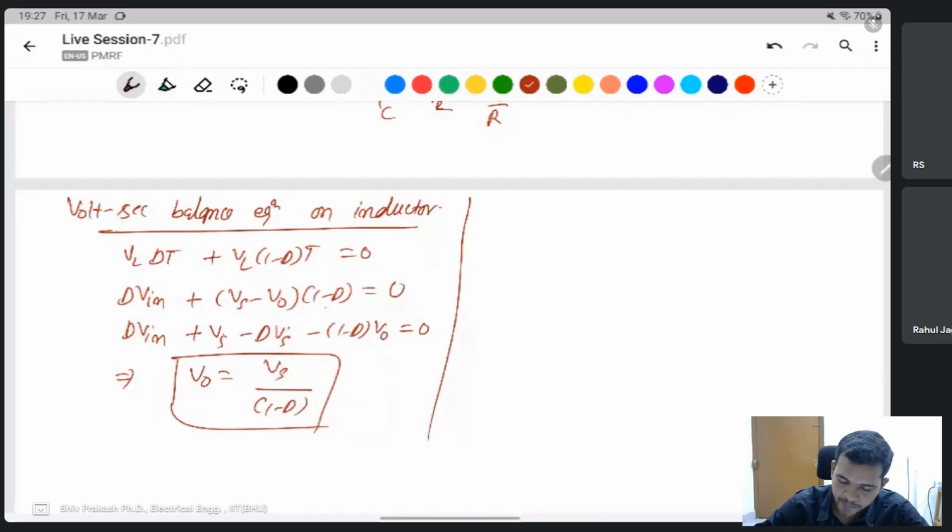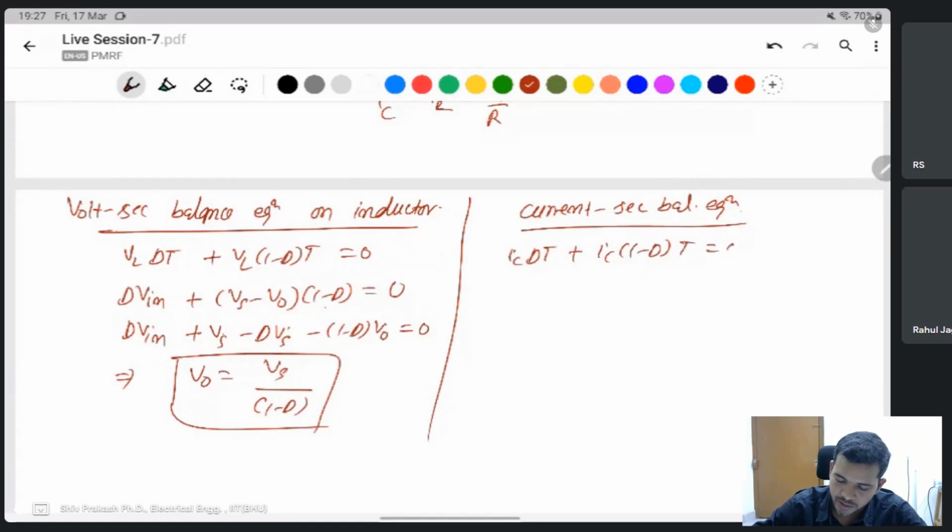Similarly, if you apply a current balance, ampere balance or current second balance, of capacitor, IC times DT plus IC times 1 minus D T is equal to 0.